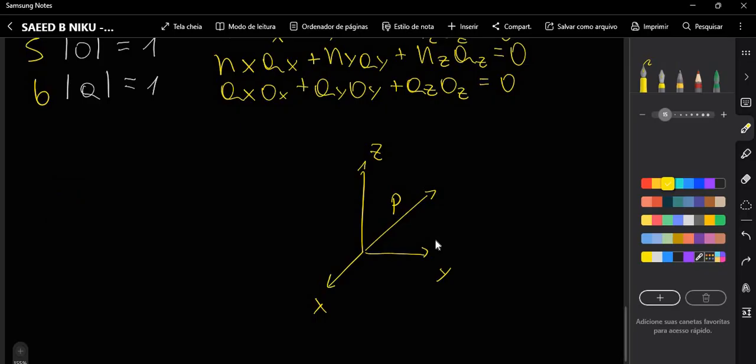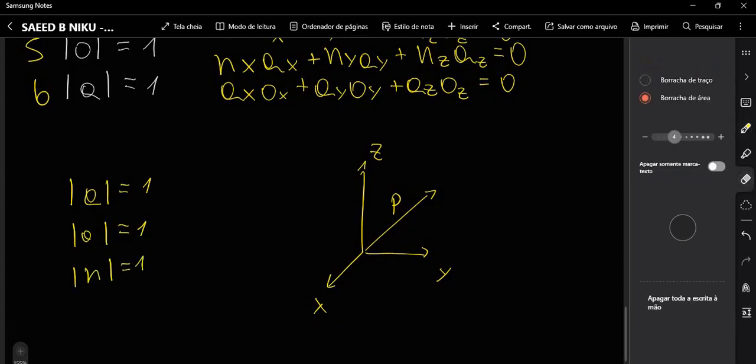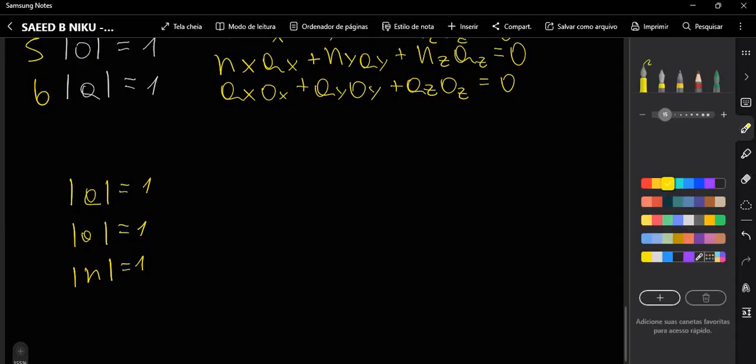But let's work already. These are vectors N, A and O. Those are unit vectors of this reference system.